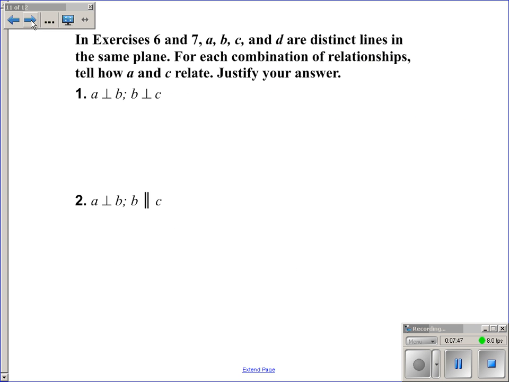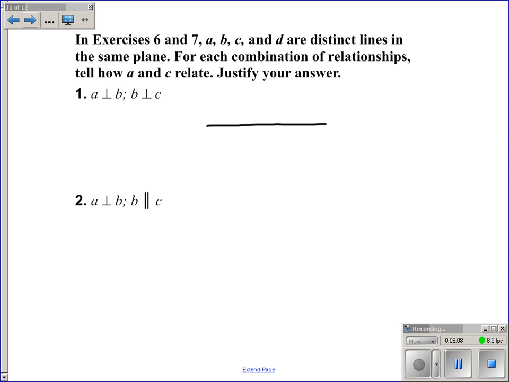In exercises 6 and 7, or I think 1 and 2, I relabeled them, A, B, and C are distinct lines in the same plane. For each combination of relationships, tell how A and C relate. Justify your answer. I'm just going to draw a picture, which is really helpful to us. A and B are perpendicular.